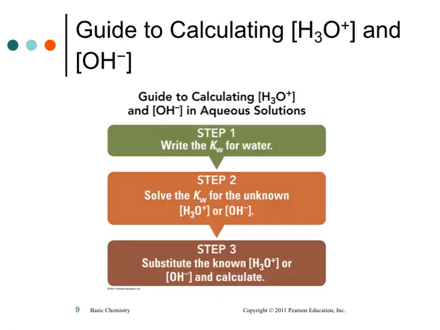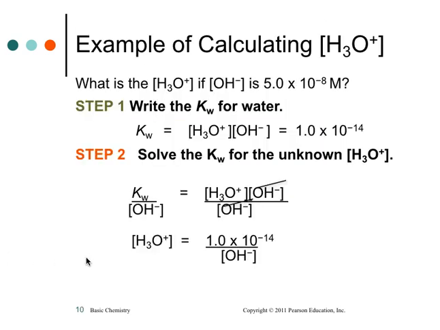So if you were to have a problem, really all you're going to do is fill in what you know and solve for what you don't know, just like any algebra problem. So let's look at this. K sub W is going to be pure water on the left, hydronium and hydroxide on the right.